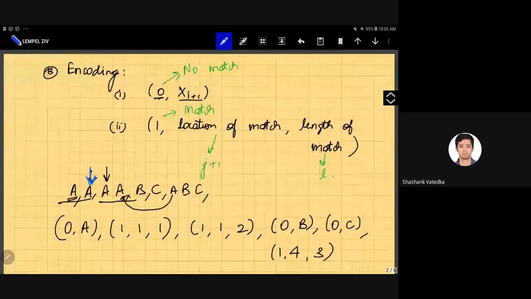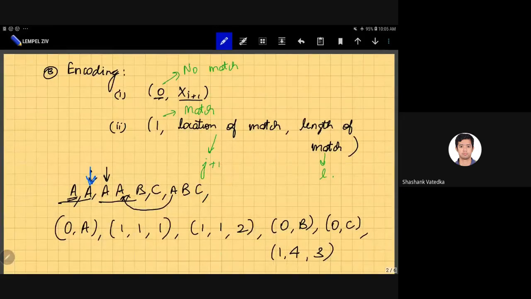In LZ77, the encoding is as follows. If there is no match previously, so if it's a new symbol, then you encode it as 0, comma, the new character. And if it's a subsequence that has been seen previously, then it is 1 followed by the location and the length of the match. So basically, you're storing certain bits and either a character in binary or certain positive integers.